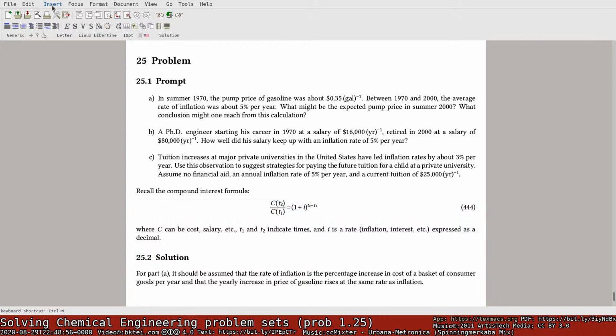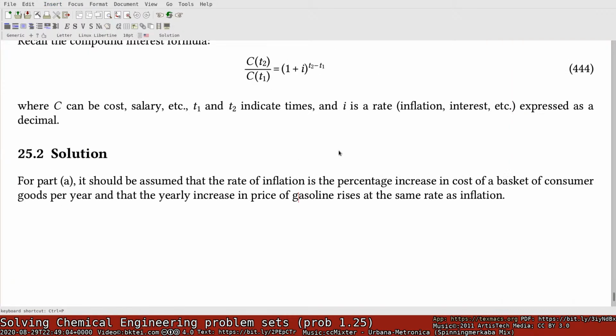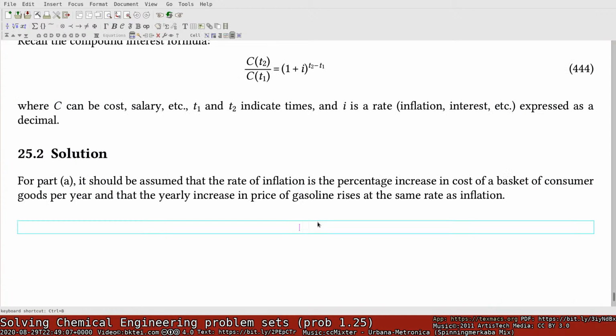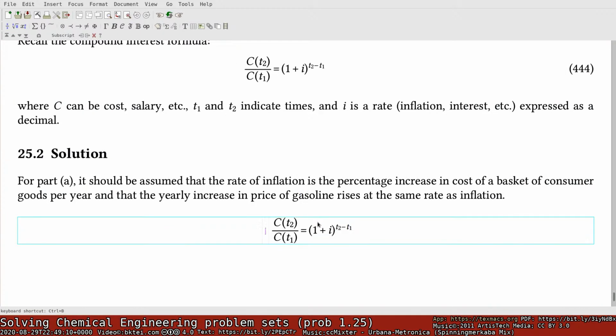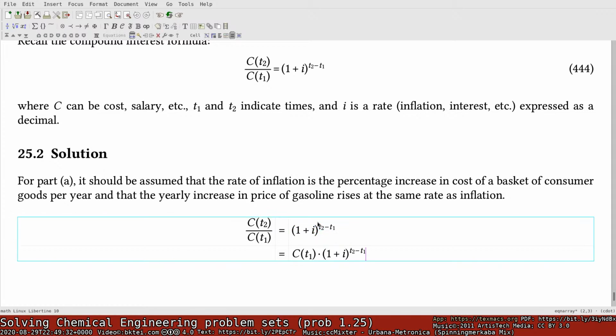We can reorient it so that we get a, there we go, a little bigger. Solve for C2. Let's go with this. Okay, let's solve for C2, so that will be C of T sub 1 times this stuff equals C of T sub 2.